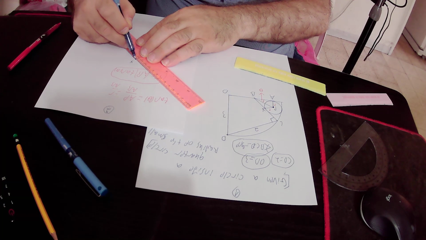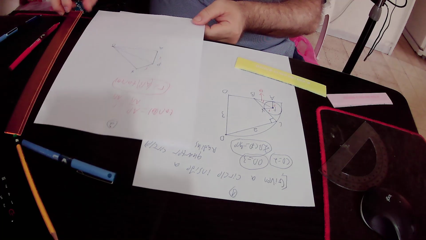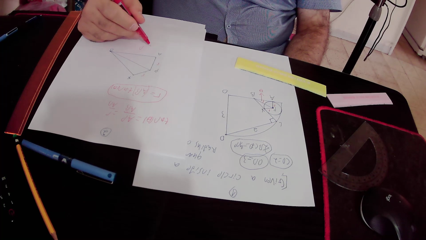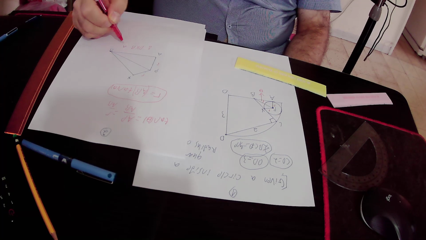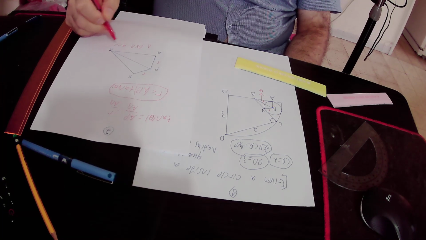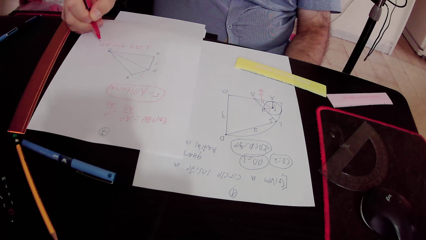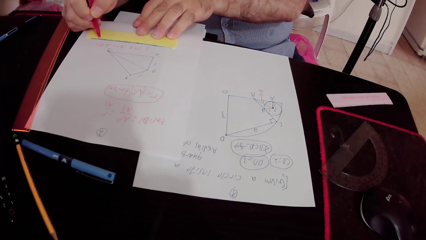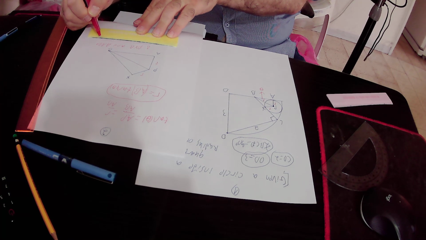So on these two triangles, triangle PXB and triangle ABP, we will prove that those two triangles are congruent to each other.